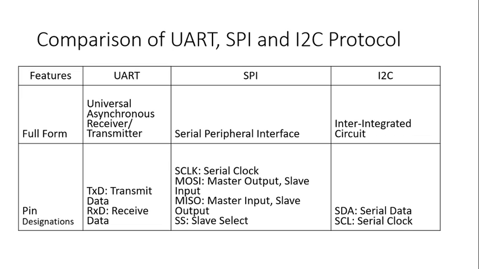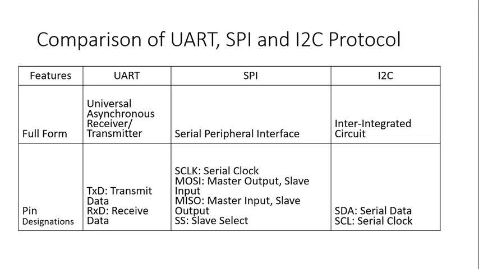So this completes the 3 protocols which are used in the communication for the controller: UART, SPI and I2C. Universal Asynchronous Receiver Transmitter, Serial Peripheral Interface and Inter-Integrated Circuits. So finally we will see the comparison of these 3 protocols, one by one, all the comparison points.